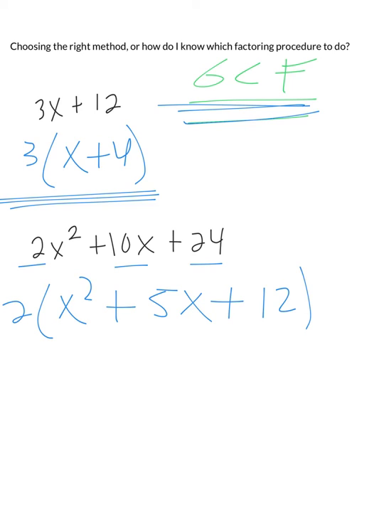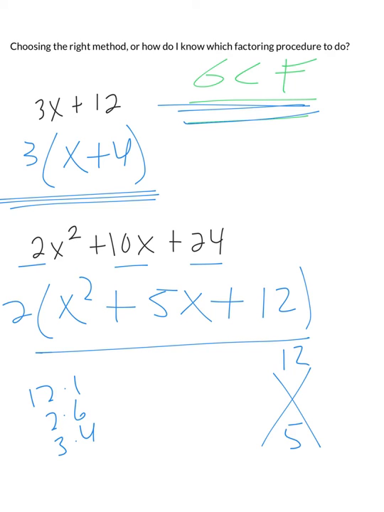Are we done? What two numbers multiply to get you to 12 that add to get you to 5? Well, you've got 12 and 1, 2 and 6, and 3 and 4. None of those combinations are going to get you there to 5. Don't try to force it. This is finished. It's all finished.